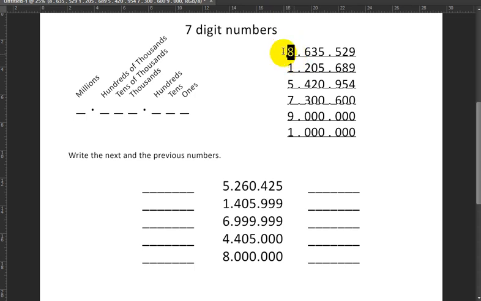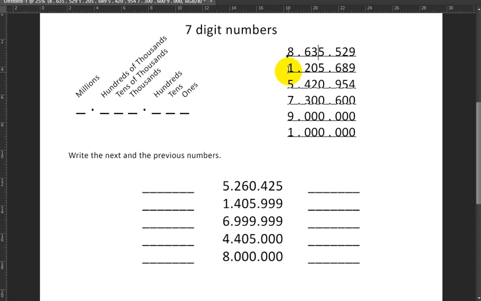So here we would say 8, then we would read the dot as millions, and we'd say the next number, between the dots, so 635. Then we read the thousands dot as thousand, and then we say the last number, 529. Altogether, we would say 8,635,529. That's how we would read this number.